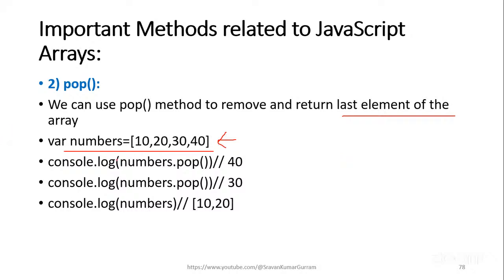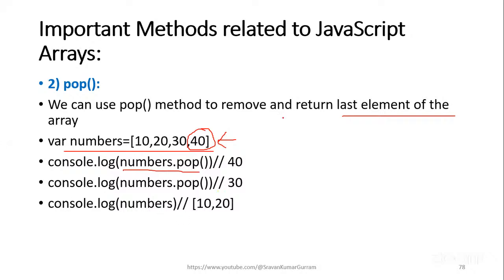If you write numbers.pop, this statement is used to pop the last element. What is the last element we have in the given array? That is 40. So the last element will be popped, or simply deleted.